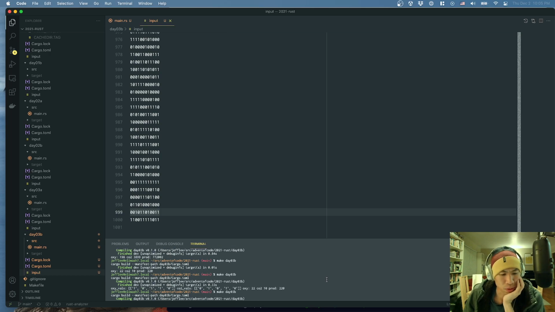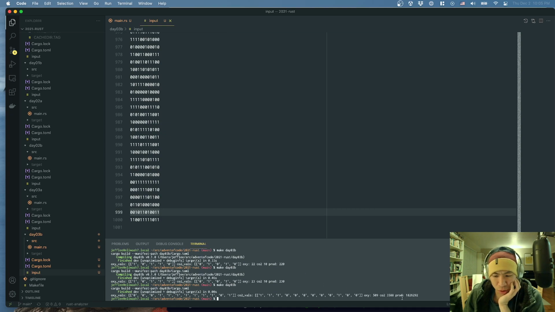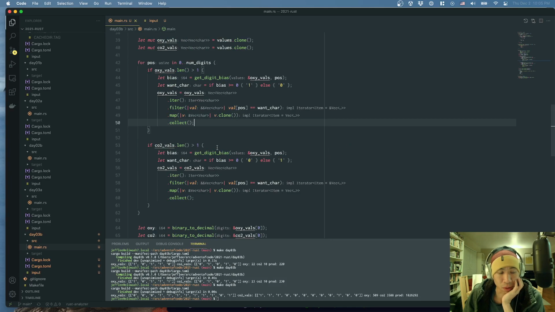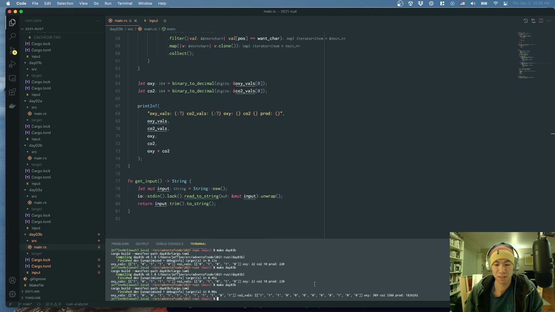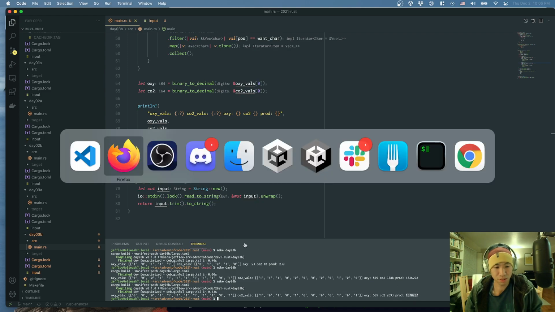So first we were too low, and now we're too high. Yeah, this is 772,002. This is 1,826,292. Oh, I'm passing the CO2 values into this one. These are just silly bugs. All right, that number is smack in the middle of our first two answers.